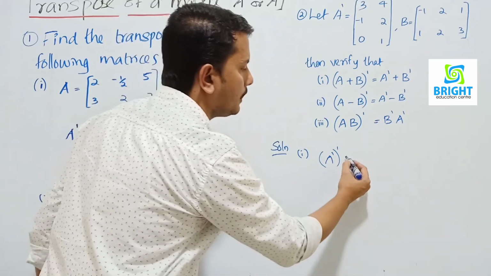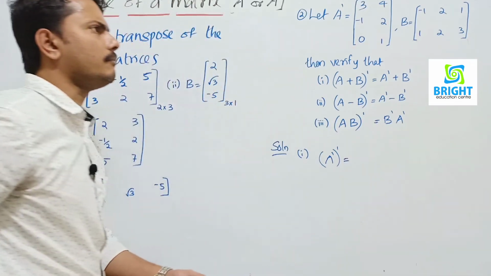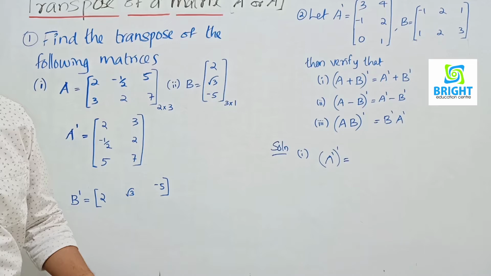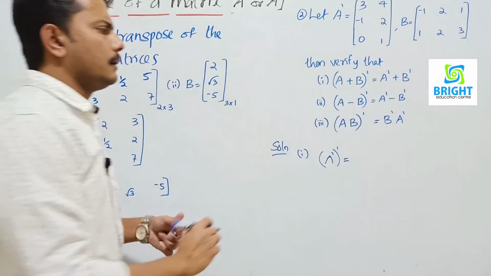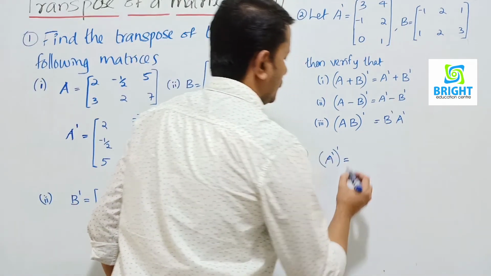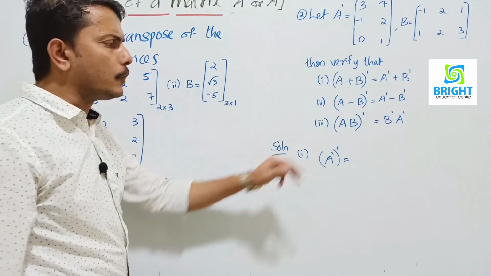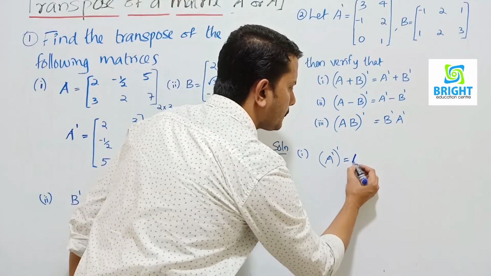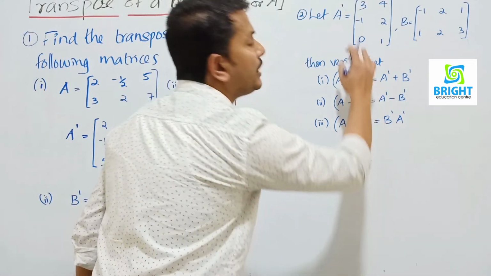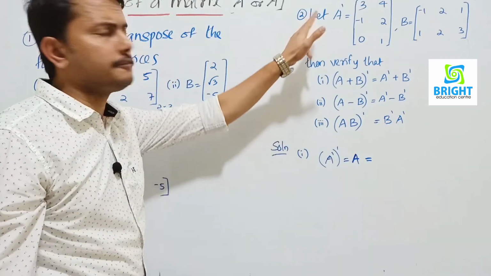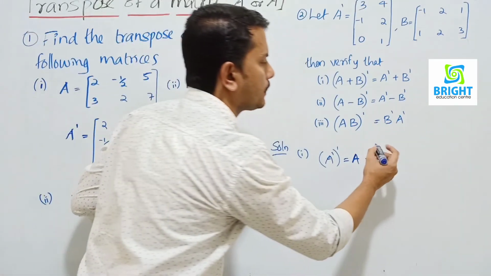So what is your A? A dash whole transpose is equal to our A. How do you obtain this one? We have to find the transpose of the first one. What do you get?